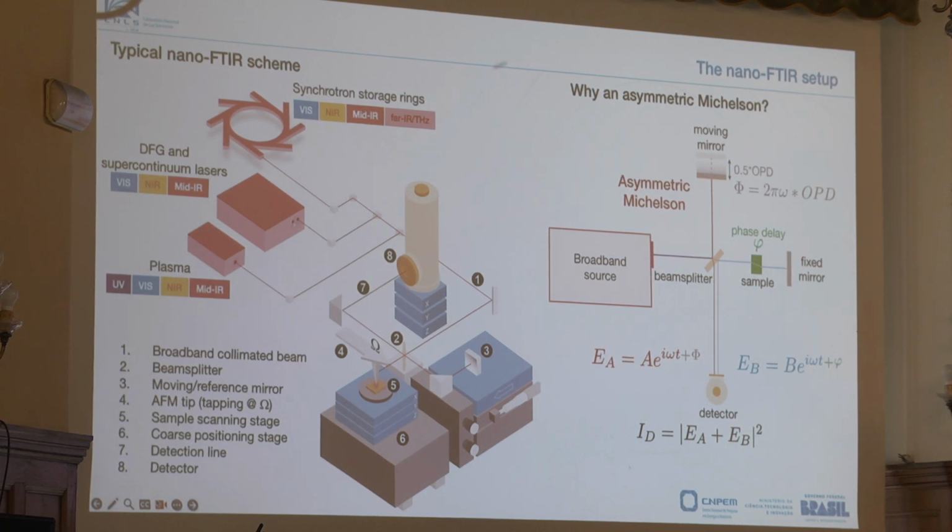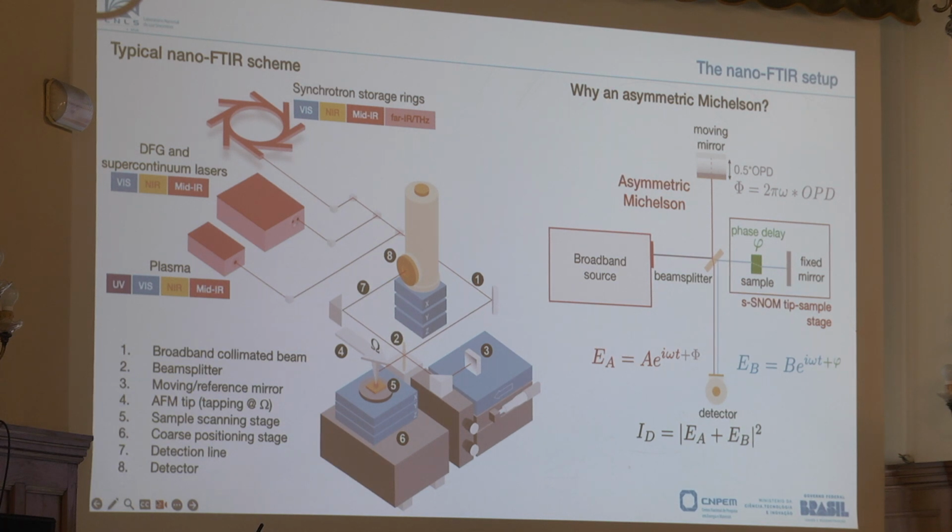There's no way to take this information out with this kind of setup. But one message here is important: if we think about this arm as the SNOM arm, that's the place where we have the sample information.